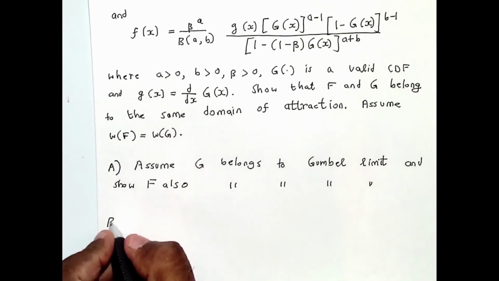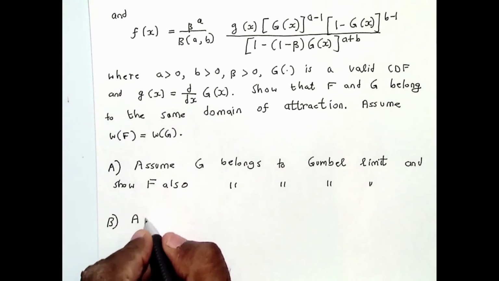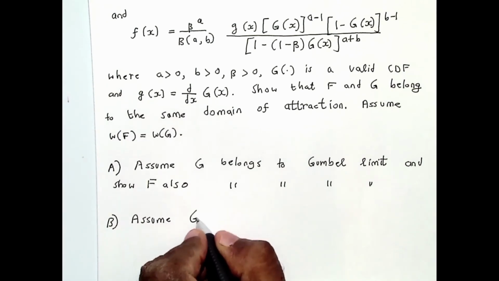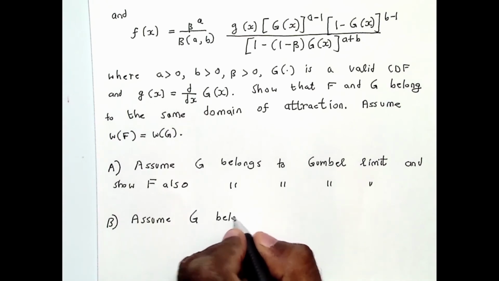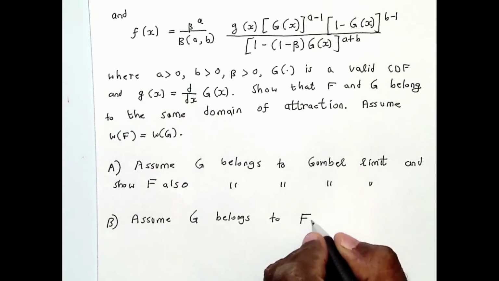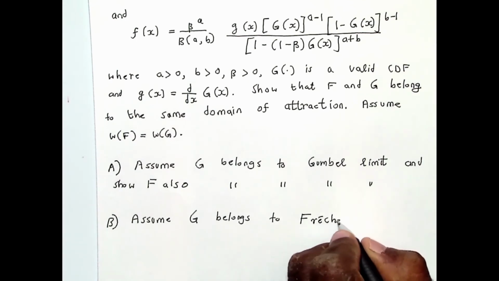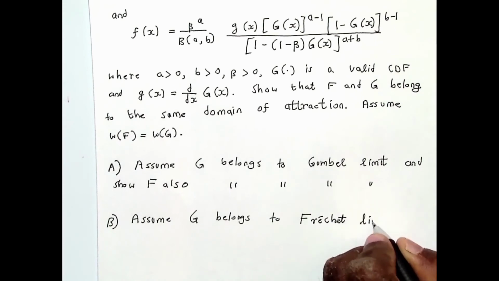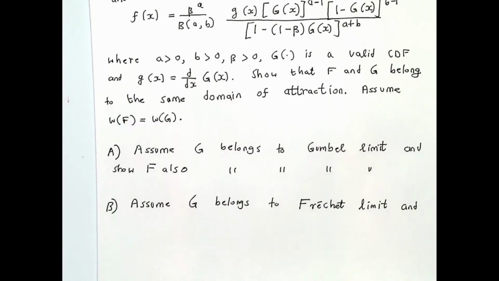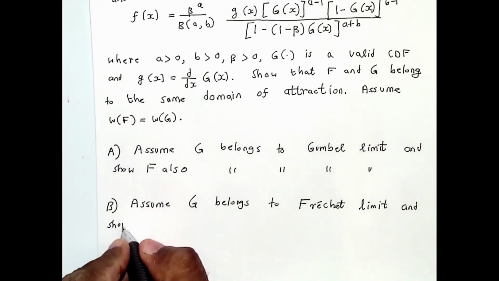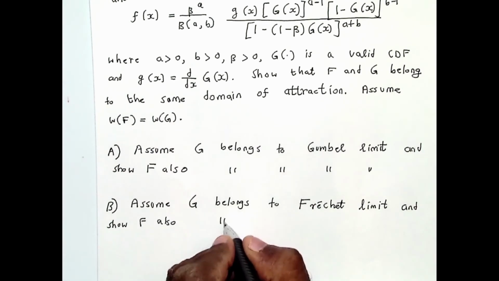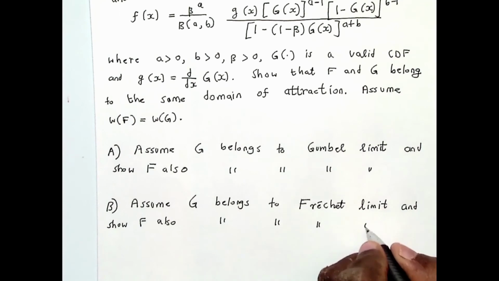Part B is to assume that G belongs to the Fréchet limit, and show F also belongs to the Fréchet limit.